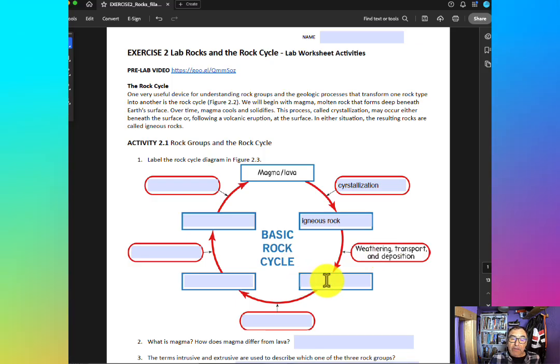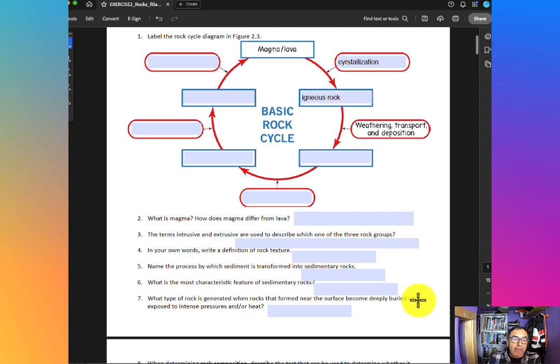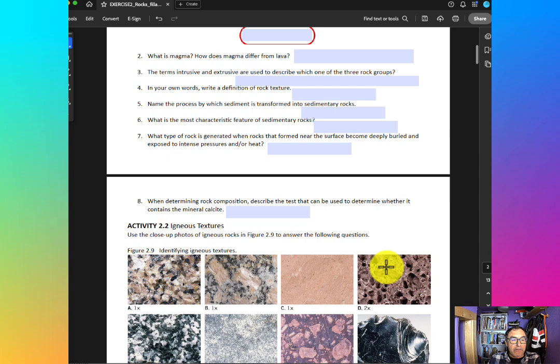And that's eventually going to produce sedimentary rock over here. So what process must be involved to go from loose material into making a sedimentary rock? Then just follow that video lecture that I have, and you can fill out these other parts of the rock cycle. And then there's a few questions you'll have to answer about these.